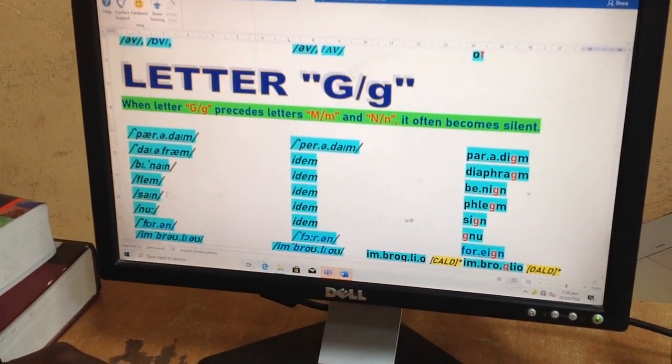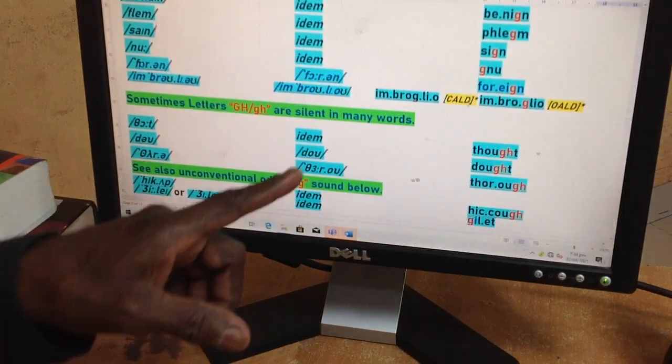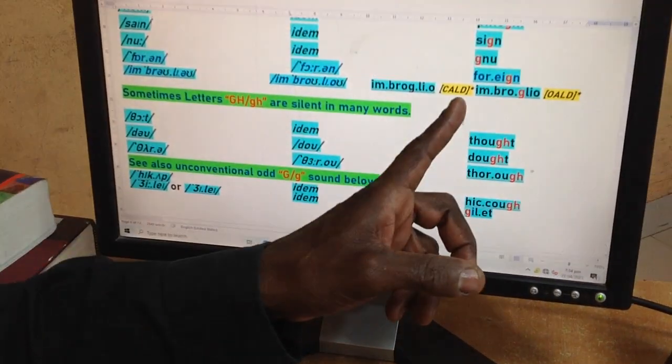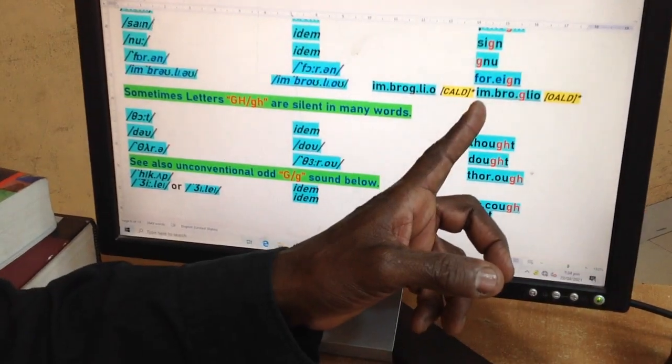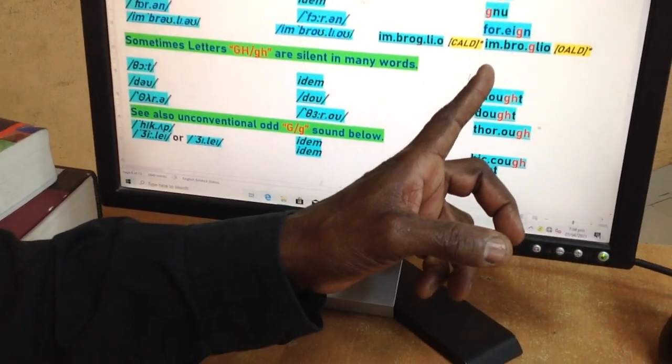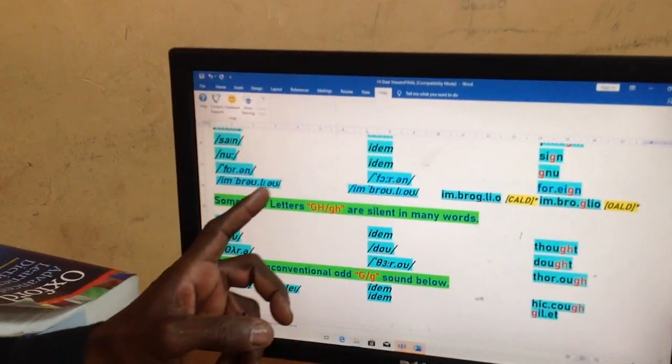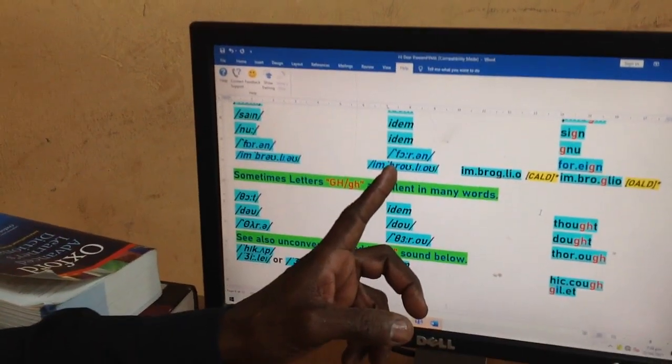And so, we come to this other word, which is a bit strange. This is the spelling. The Cambridge people would spell it, what is that? Oh yeah, and Oxford, okay? So we have here imbroglio and imbroglio.